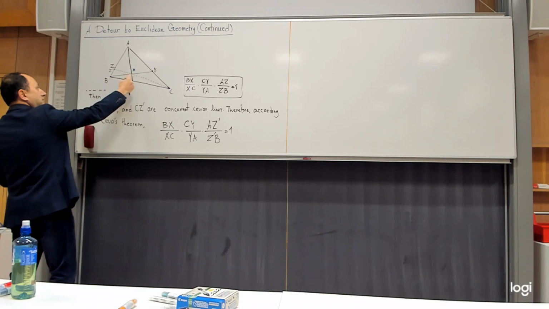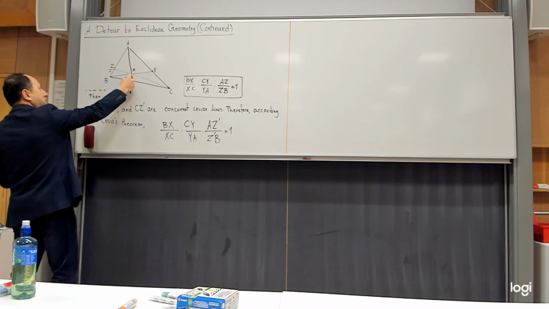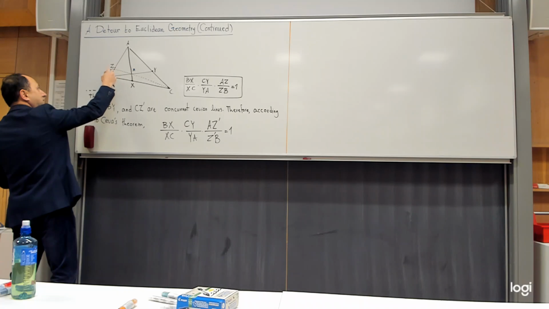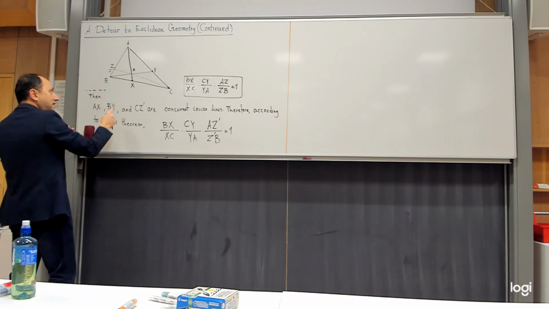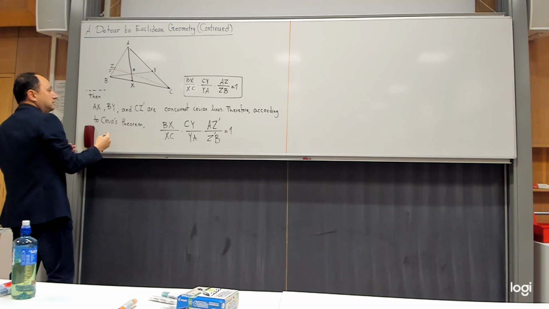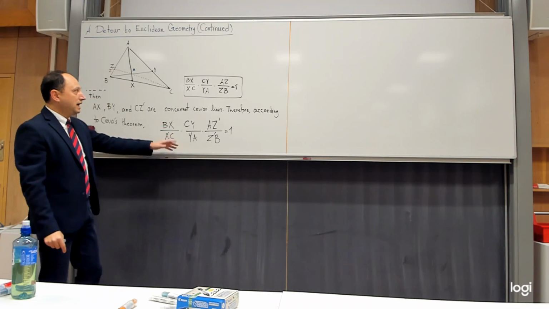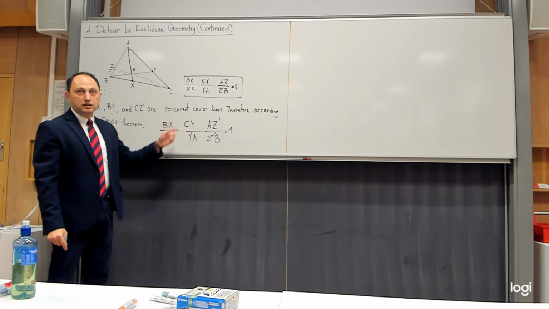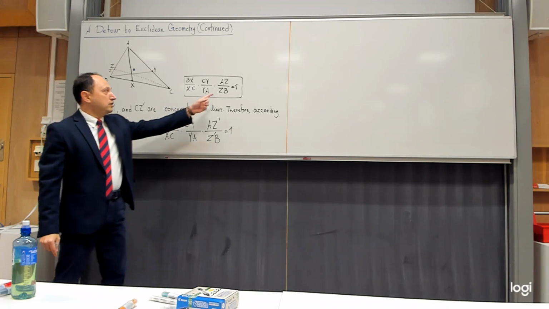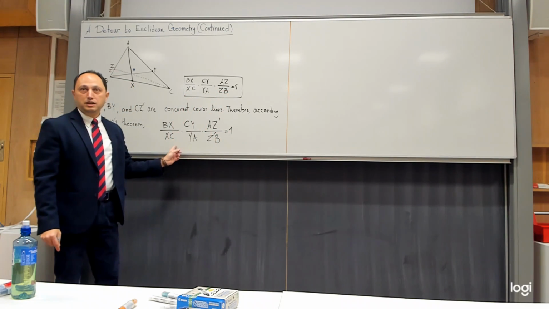Otherwise, if you want to fight, it means that it will go and hit this one at a different point, Z prime, but then I will have three concurrent Cevian lines, so I can use the Ceva theorem, yes, and write this. So on the one hand, I have to admit this, on the other hand, I have to admit this. But both of them are equal to 1, so they have to be equal themselves, yes?